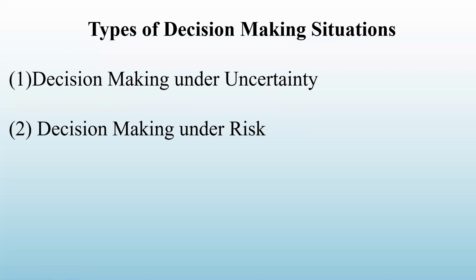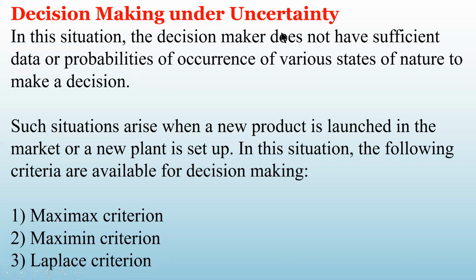Various criterions are available in this situation. In decision making under uncertainty, the decision maker does not have sufficient data or probabilities of occurrence of the various states of nature to make a decision, because he doesn't have any past record.